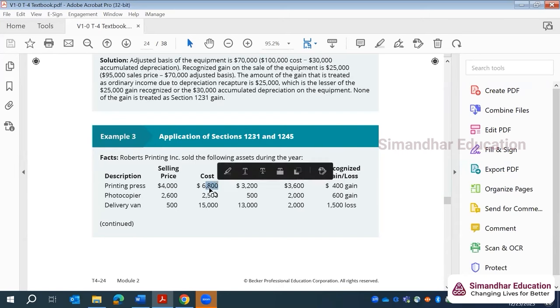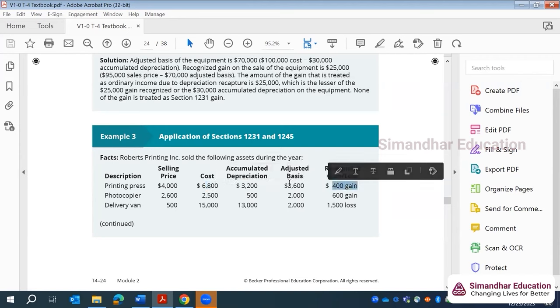Am I selling it over and above my original cost of the printing press? So this gain that I have, because I adjusted the basis of the property for the depreciation, what will be this gain? This gain will be section 1245 gain, which will be ordinary. Okay, now let's look at the photocopier.